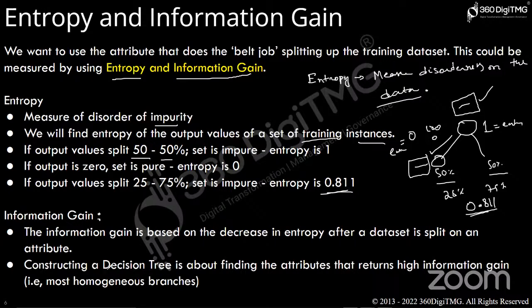We want to construct a decision tree which returns high information gain, so for each attribute we want the one that returns the highest information gain. If we do this, we'll form the most homogeneous branches.